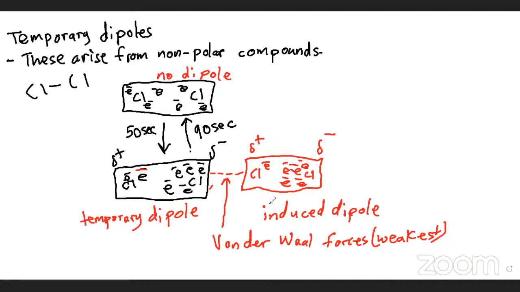Now this dipole was induced due to the electron repulsion. Then what you will have is the interaction between your temporary dipole and the induced dipole. That interaction is van der Waals forces, and it is the weakest one.